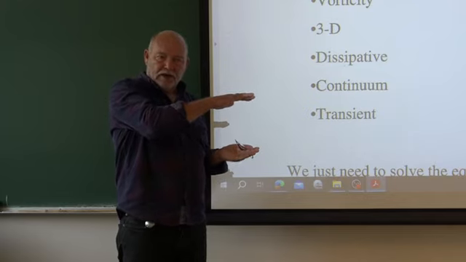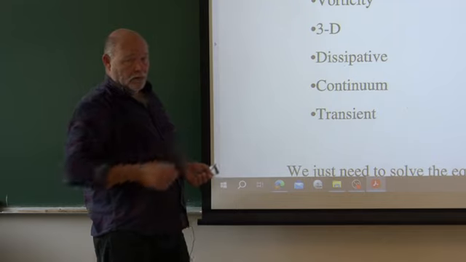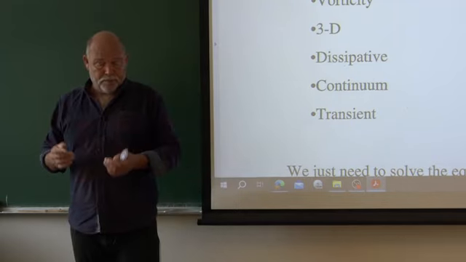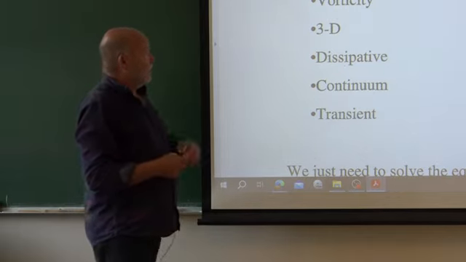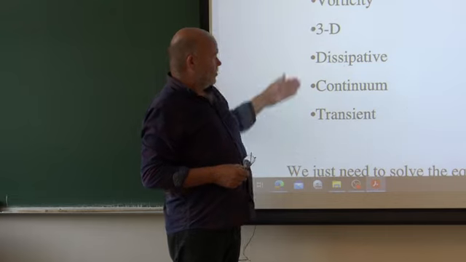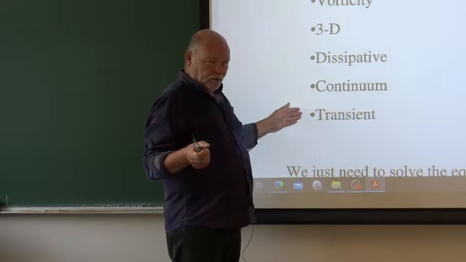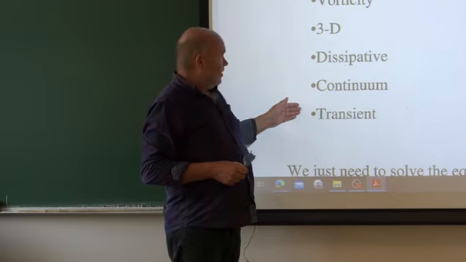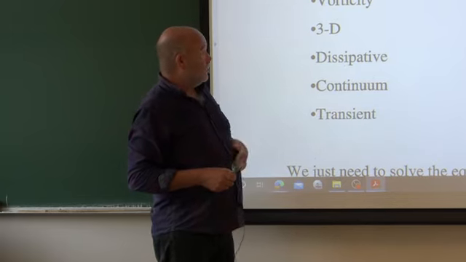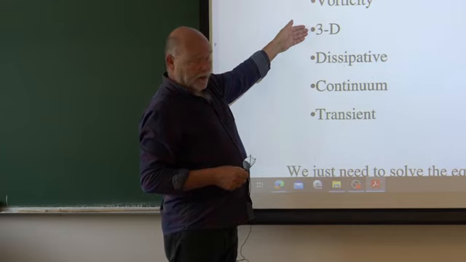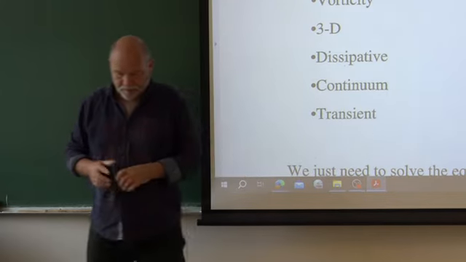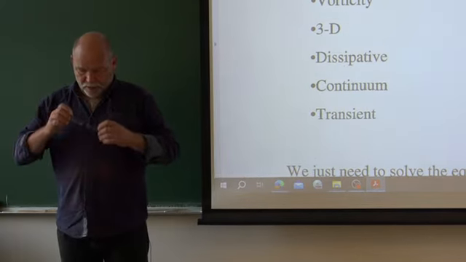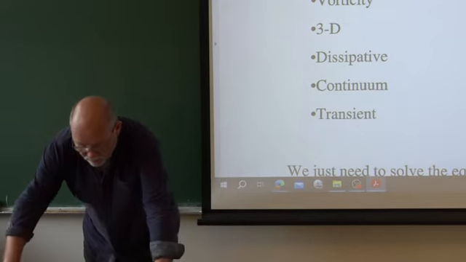Then the turbulence model has to handle all that we skip. So even though the list says it must be 3D and transient, when you are using models, we cheat and try to do it as simply as possible. Maybe 1D, maybe 2D, maybe steady state. Okay, so that was turbulence for you.